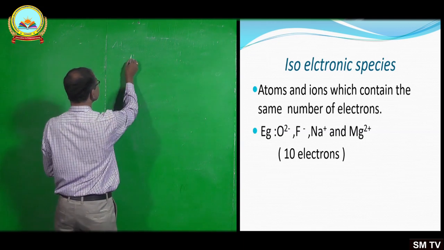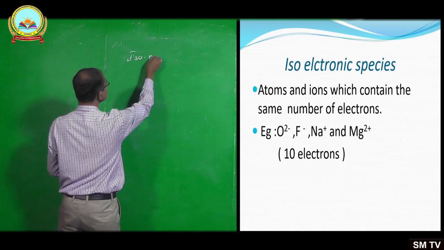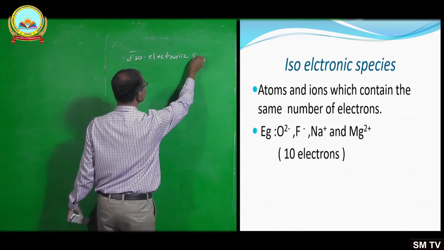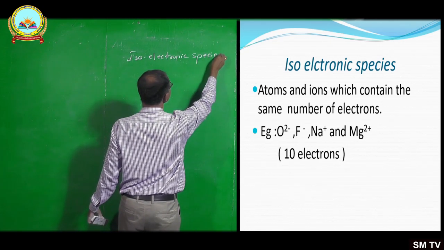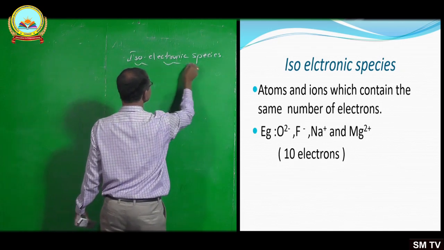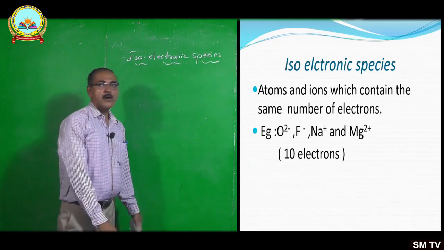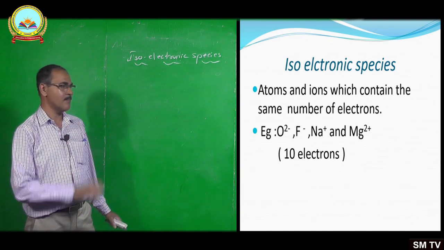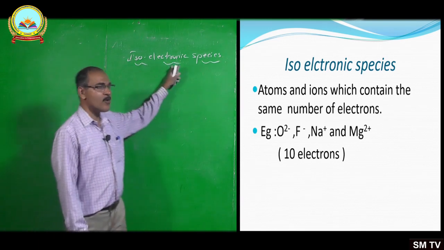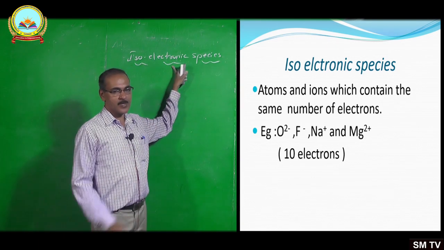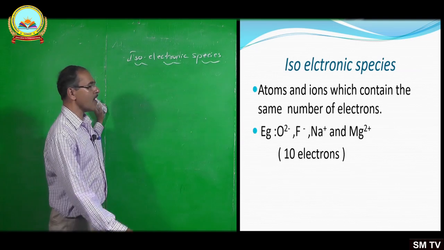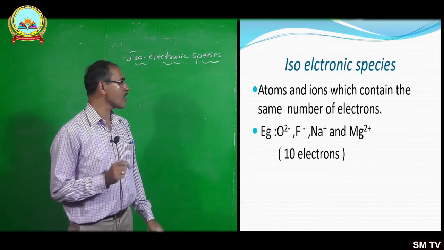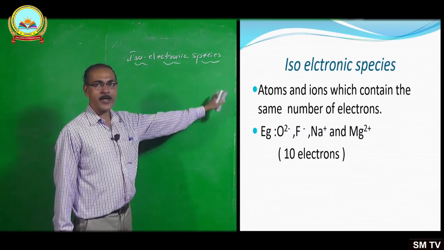Isoelectronic species, that means iso, same, electronic, same number of electrons. The species may be atoms or ions containing the same number of electrons, and they are called isoelectronic species.